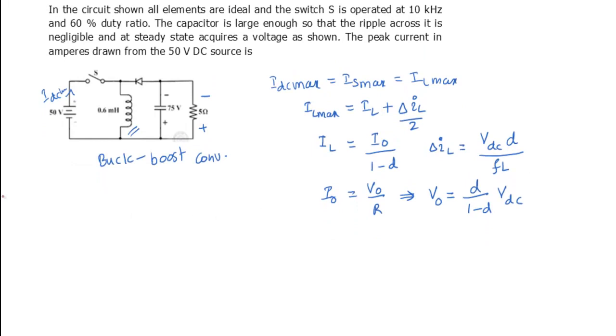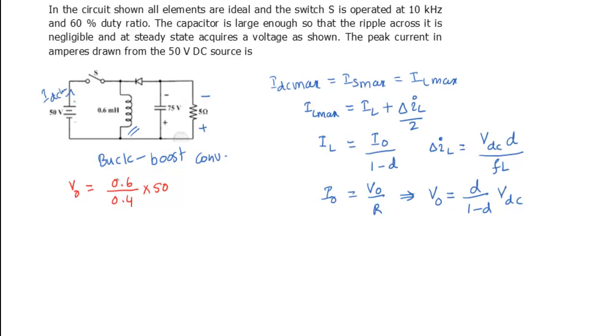Now I'm calculating all the values here. First we need to calculate V average. V average is D by 1 minus D, where D is given as 60%, that is 0.6, divided by 1 minus D, 0.4, into 50 volts. I told you that if D is more than 0.5, it will act as a boost converter.